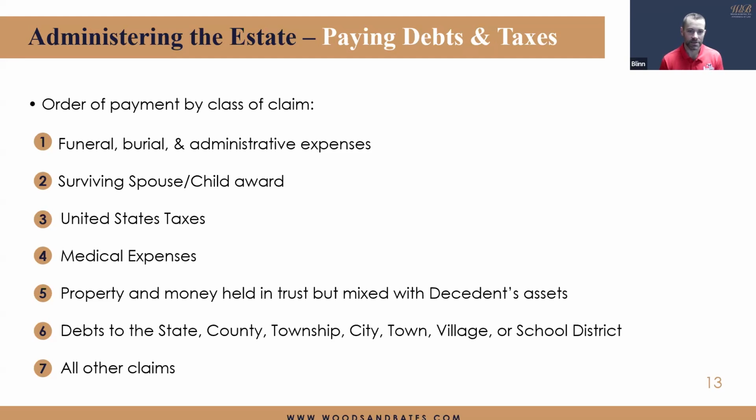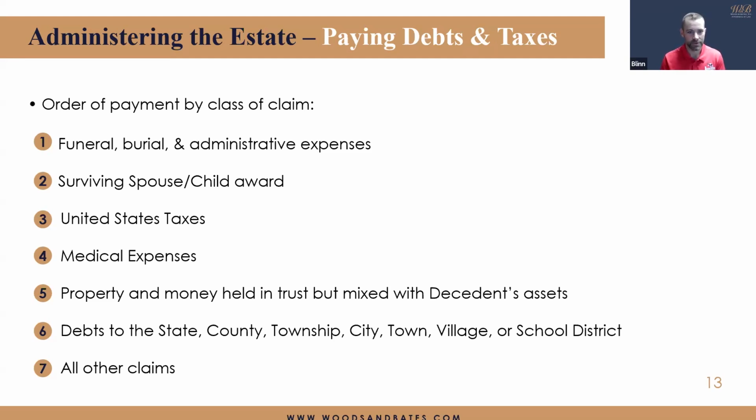The statute has said there's 7 classes of claims. First class claims get paid first, and then you go down the line and pay each class of claim until you get to a class where you don't have enough money. That class gets prorated, and then anything below that class doesn't get anything.